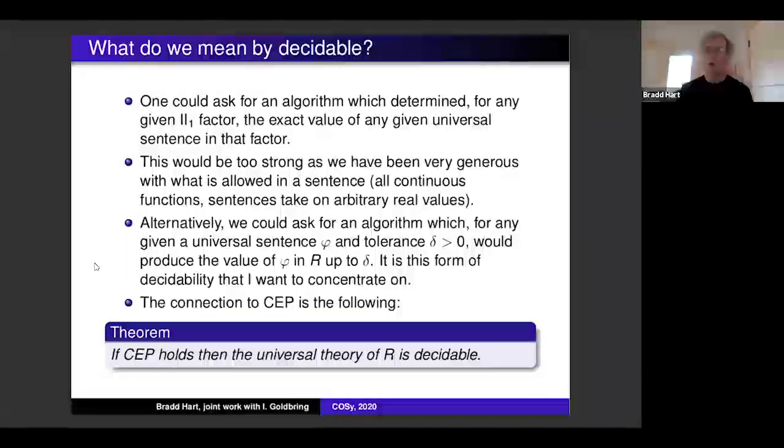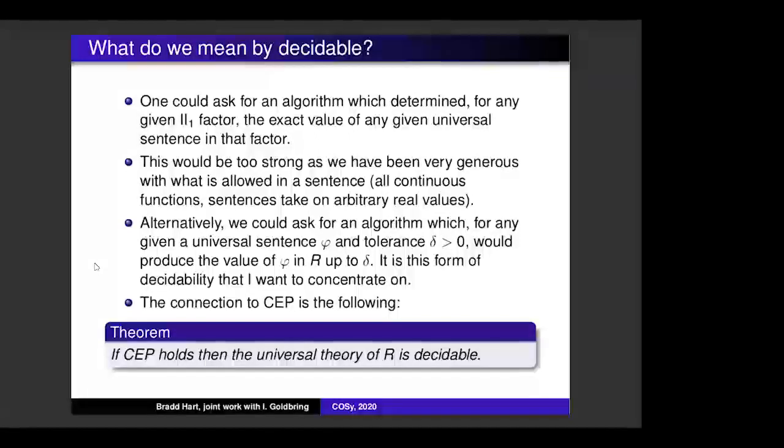There's only one universal theory, so eventually this theorem prover will tell you, up to whatever delta you want, the value of any universal sentence you want. Okay, it's a dumb algorithm, I grant you that, but it's an algorithm, and it works, assuming CEP.